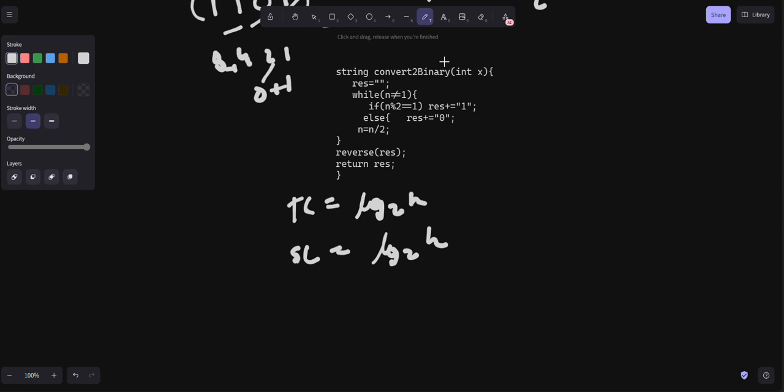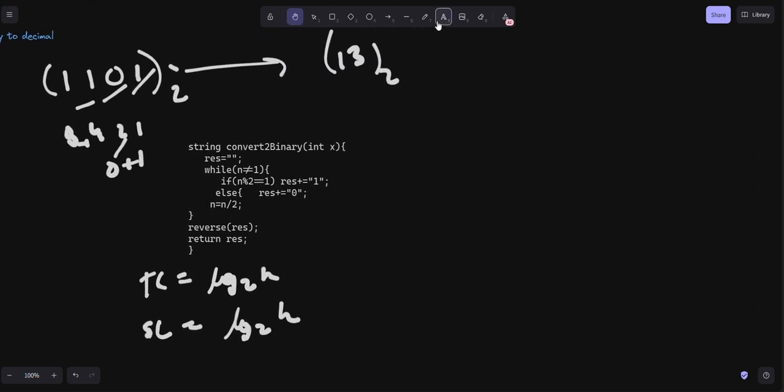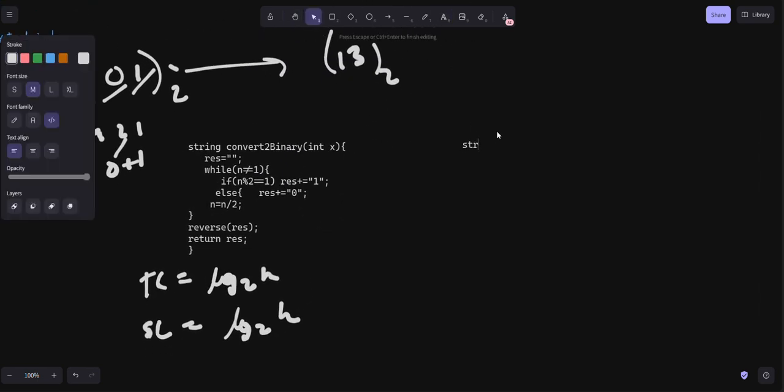Now let's go ahead and write code for the reverse one as well. So I'm writing convert to decimal.